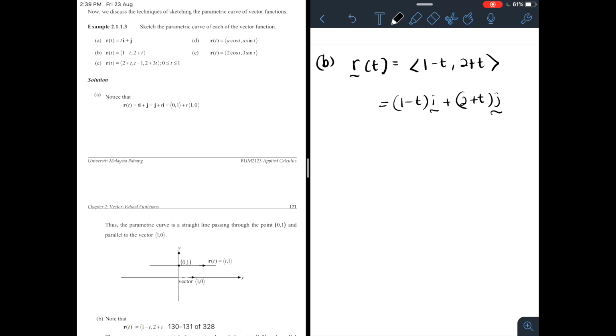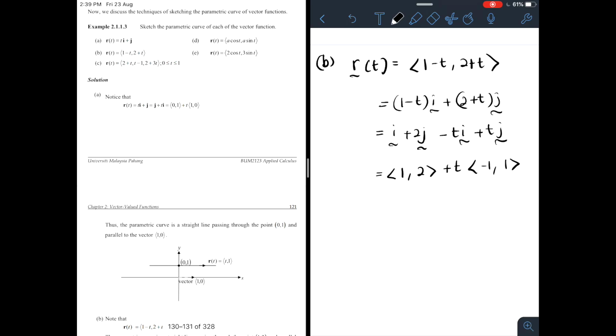So I will get i plus 2j minus ti plus tj, and then I will get (1, 2) plus t(negative 1, 1).